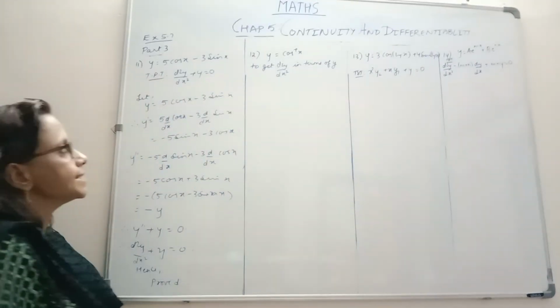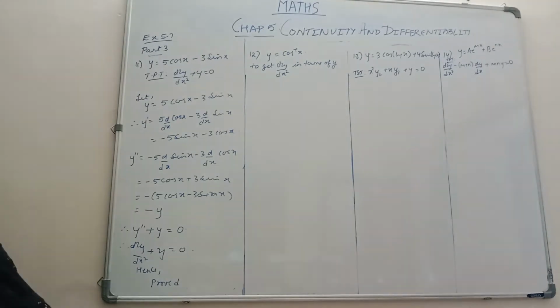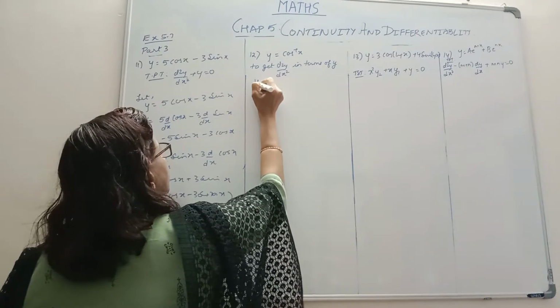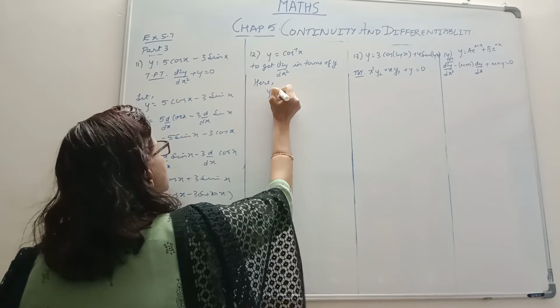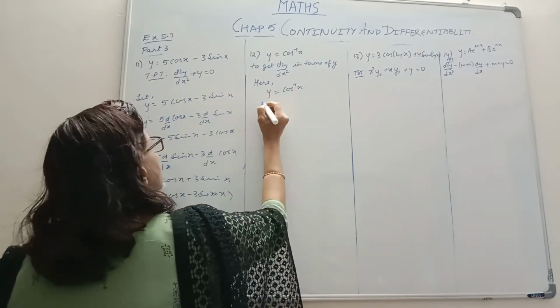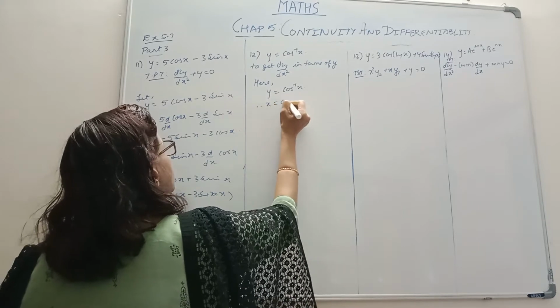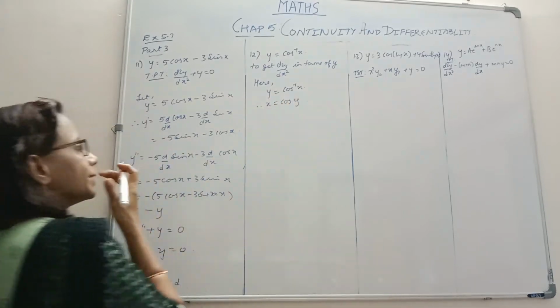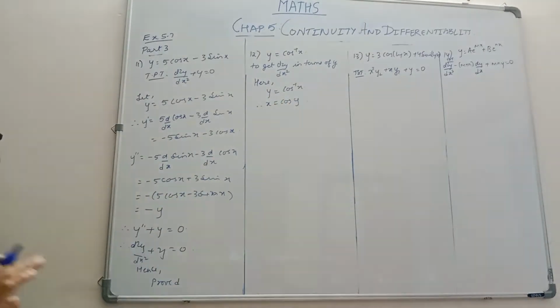The next question is y equal to cos inverse x, and you have to write the second derivative in terms of y itself. Okay. So here we have y as cos inverse x, so x will become cos y. We'll try the reverse way, and then we'll see if we get stuck.